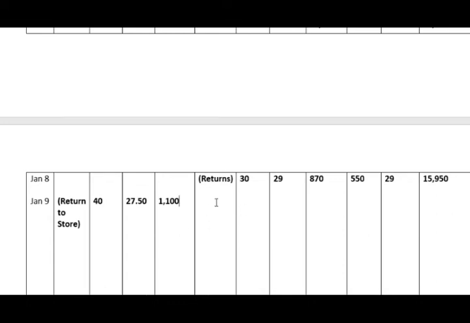So as you're following the FIFO method, we will write this balance first. That is 40 at the rate of 27.50. It amounts to 1100, and we already have 550 balance. 550 at 29, 15,950.